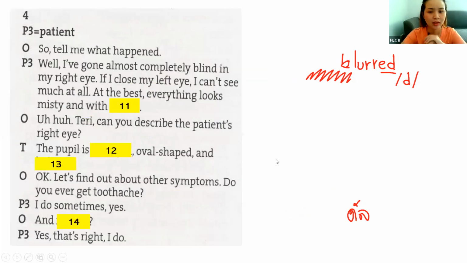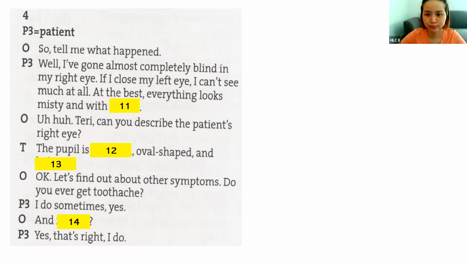Okay, the last one is patient number 4. Not P3, it's actually P4. Maybe some error. So number 11. So this patient said that he has gone almost completely blind.